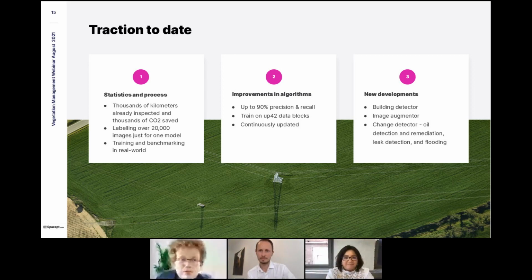And we also saved tens of thousands of dollars in costs and tons of CO2 emissions. And our accuracy has improved to over 85% precision and recall as benchmarked on the ground.